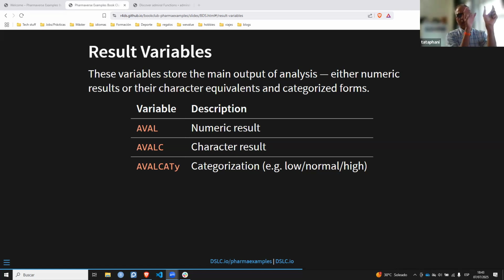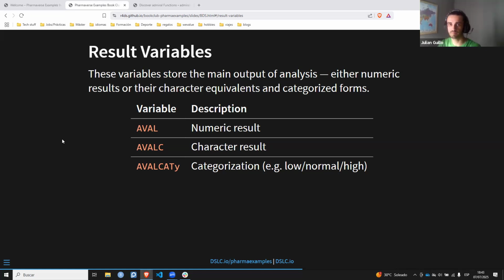I think somebody was asking where the units will go. Units are stored under the PARAM field, but the actual value will be stored under AVAL.